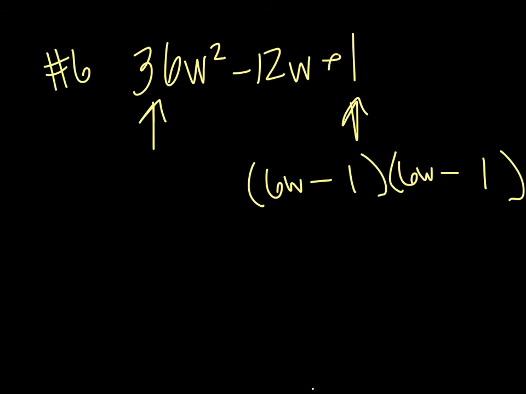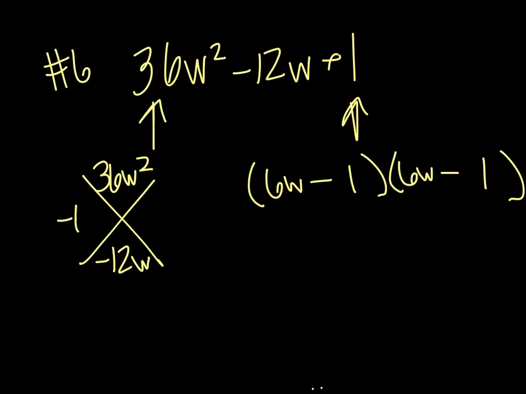And if you did that, 36 times 1 would be 36 w squared. Your middle term is negative 12w. Okay, what adds to get you negative 12 but multiplies to get you 36? Negative 6 and negative 6. Go to your box.